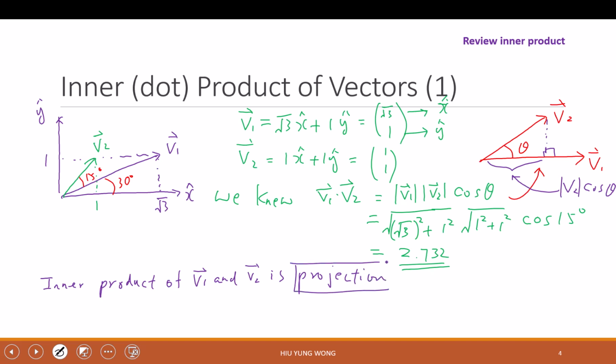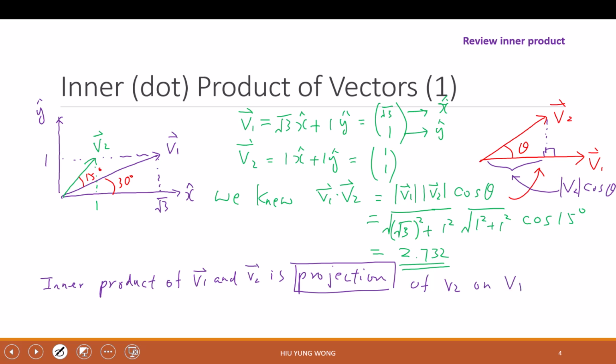Later, we will keep talking about projection, but it will be at very high dimensional space. You cannot see it. But I hope that from this 2 dimension, you see what is the meaning projection. You just have a sunlight shining perpendicular to V1 and blocked by V2, and that is its shadow, right? Projection of V2 on V1, right?